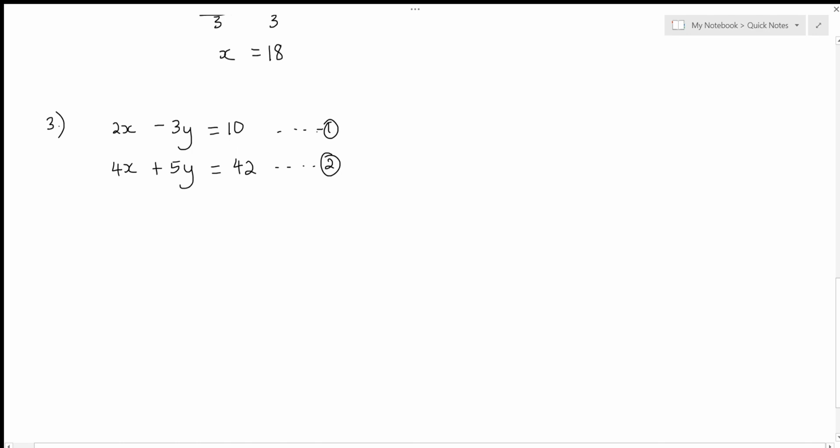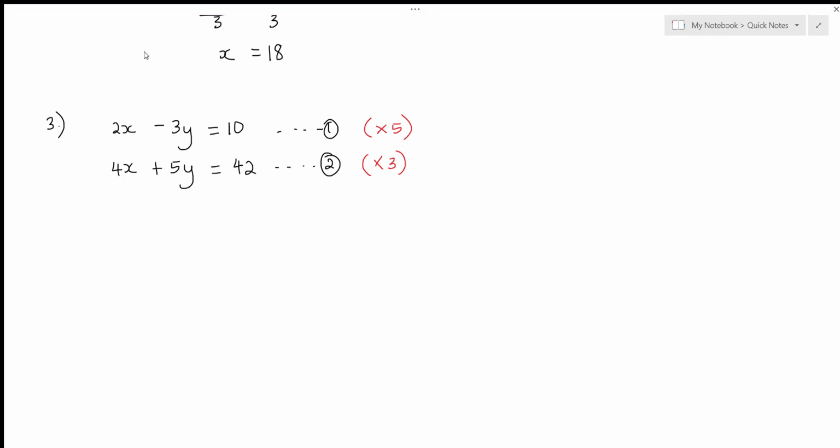There's many ways to work it out, but I'm going to take equation 1 and multiply it by 5. So I'm going to multiply equation 1 by 5 because 5 times 3 is 15. And then I'm going to multiply equation 2 by 3, and that would give me 5 times 3, which is 15. And that would eliminate the y value.